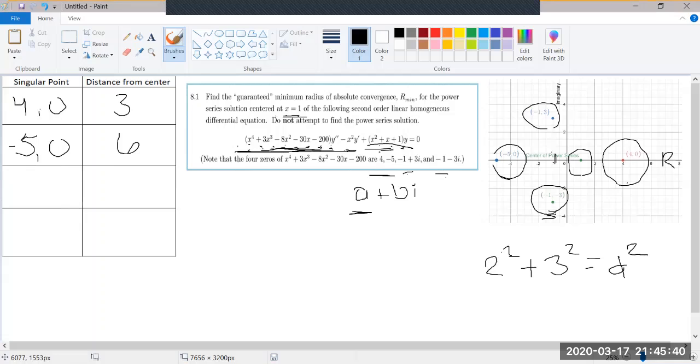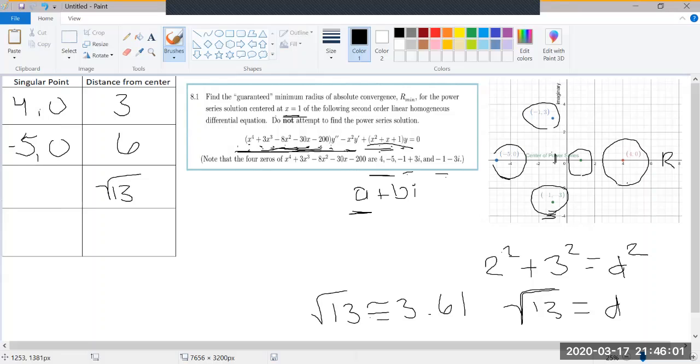So this goes to the square root of 13 equals d for both of those zeros. The square root of 13 is approximately 3.61. So you really just need to know that it is larger than 3.